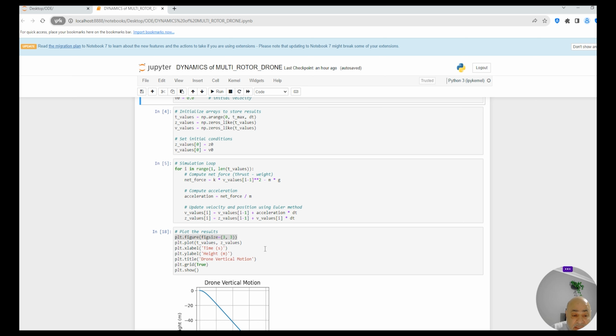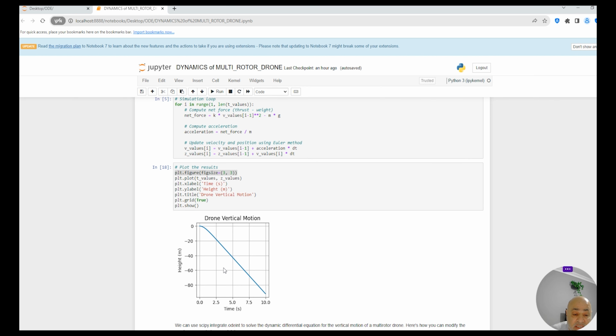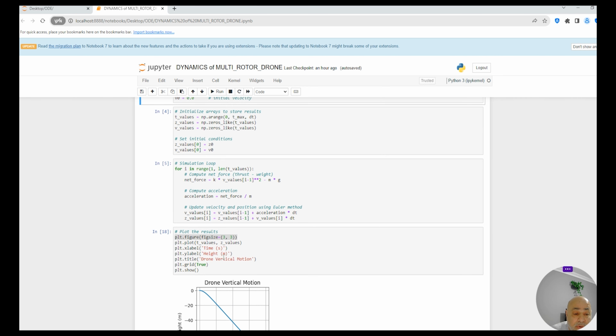And then I defined the x label and the y label, and then I used title to include a title for my output. And then I used grid is true because I want the grid to be included for this output. And then I use plt.show so we can actually see the result within our notebook.